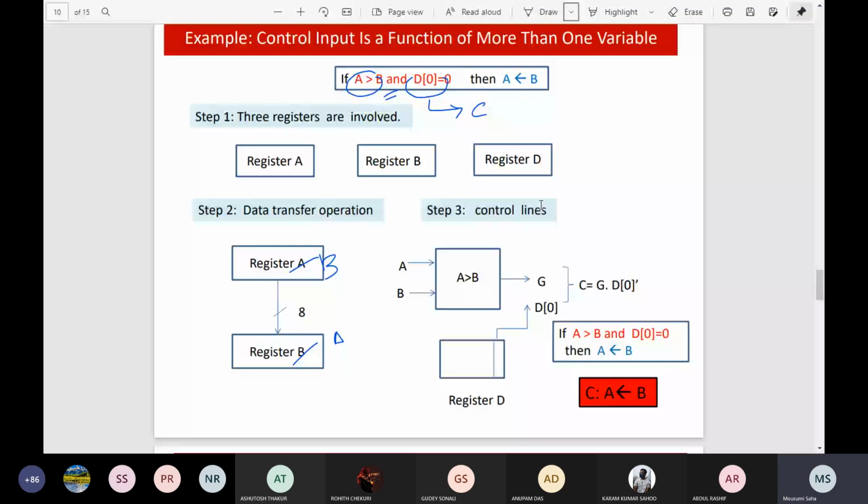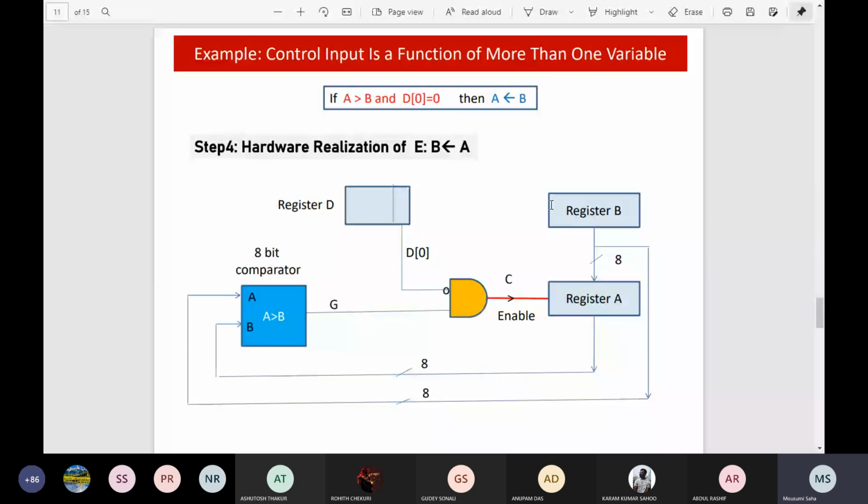See this design. How can you do it? Here I have done it correctly, B to A. Now, A greater than B depends on the values of A and B. One data comes from register A, another from register B, and they are compared with the help of the comparator circuit.